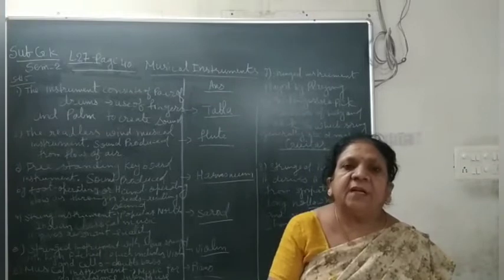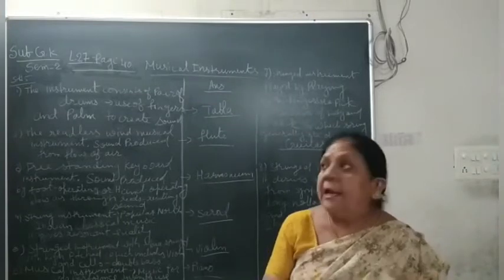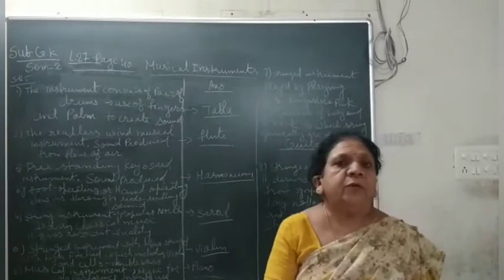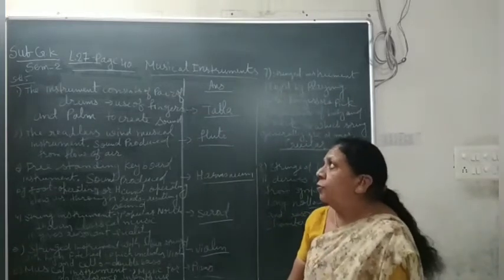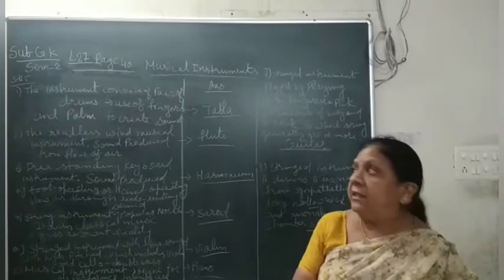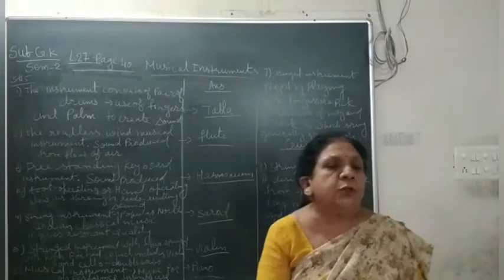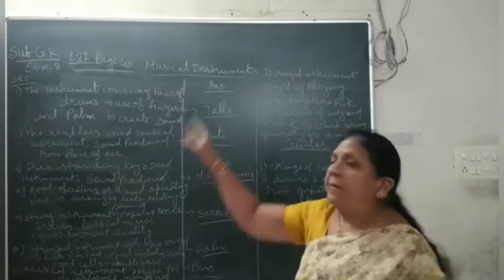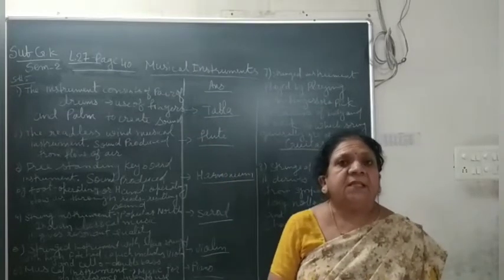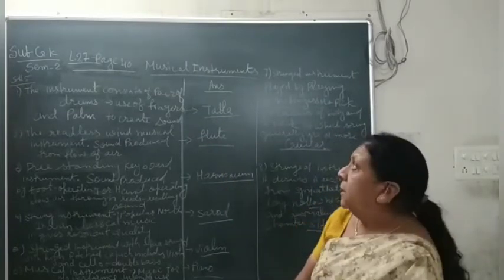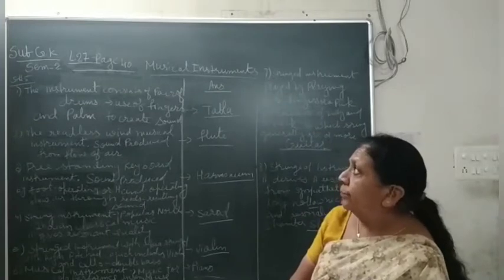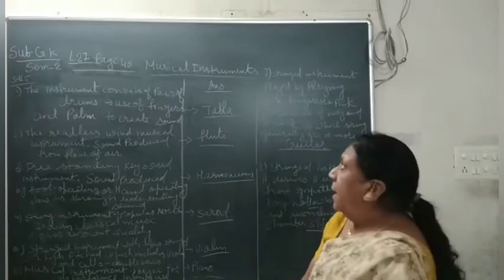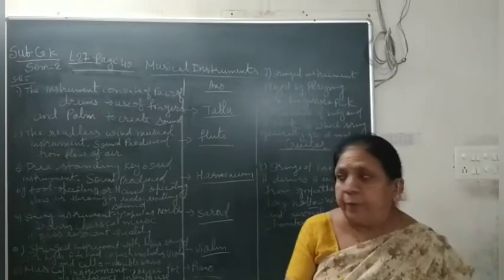We will be starting GK from lesson 27, means second set. Today I am going to explain you the first lesson, the 27th lesson, which is about musical instruments. We will not take the first sem examination portion, but we will be taking the second sem lesson 27, page number 40. The heading is musical instruments.